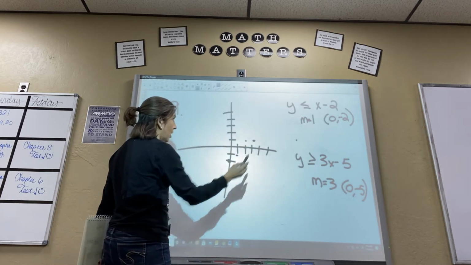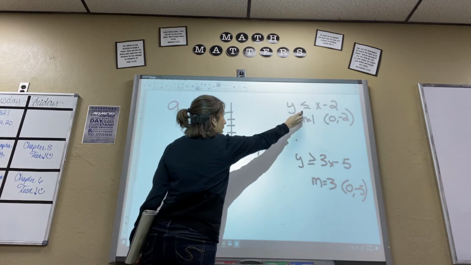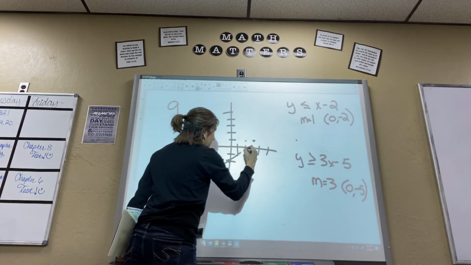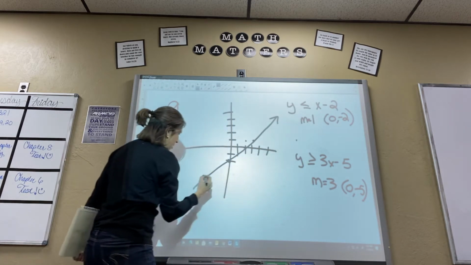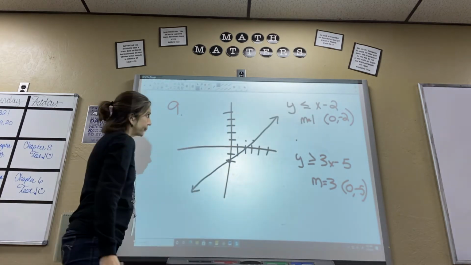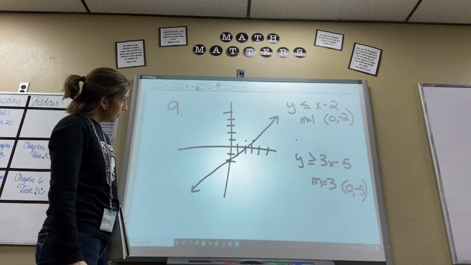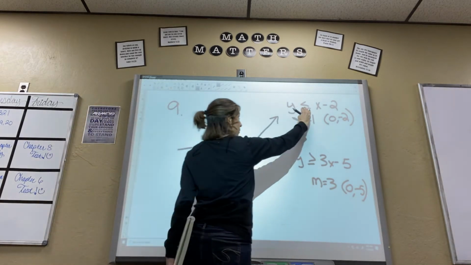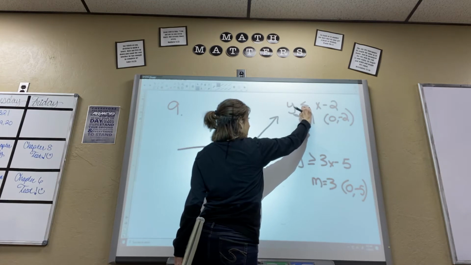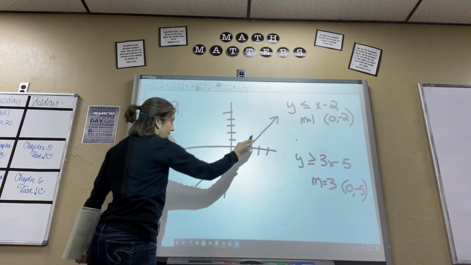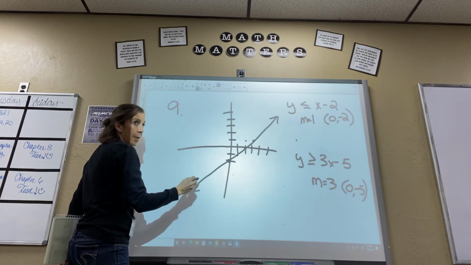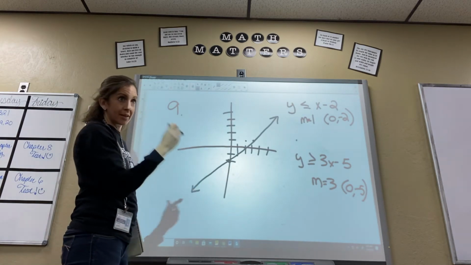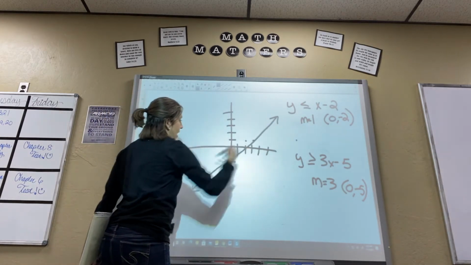And so now it's equal to, so it's going to be a solid line. If it wasn't equal to, if it was just y is less than, what would this line be? Remember? It's dotted, the dashed line, because it's not equal to.